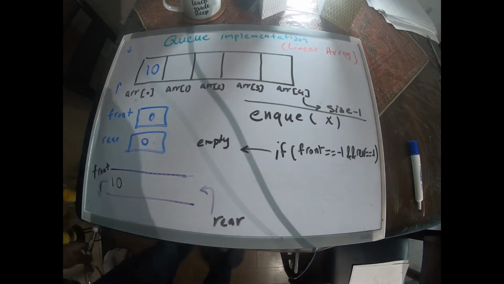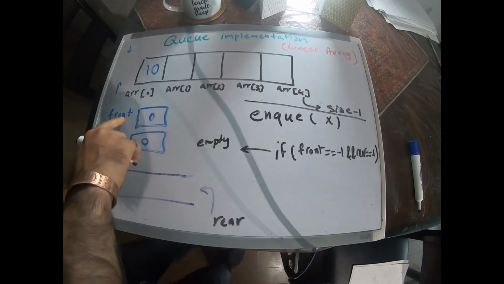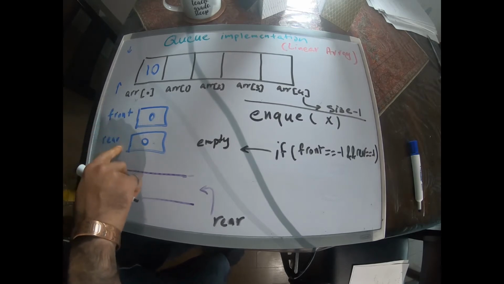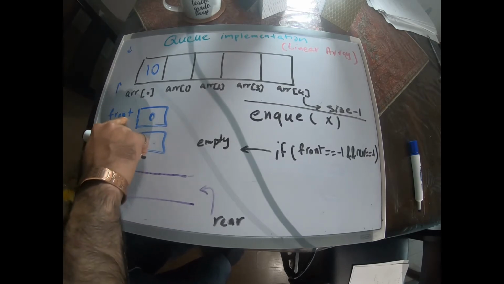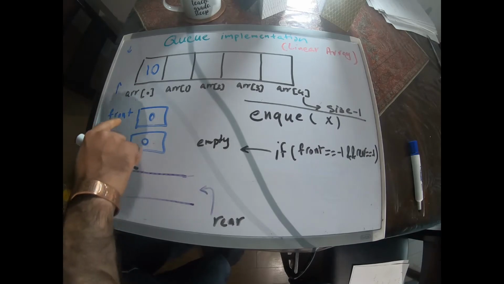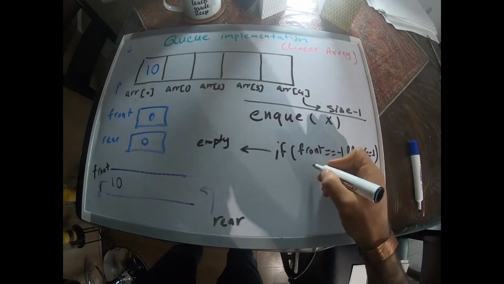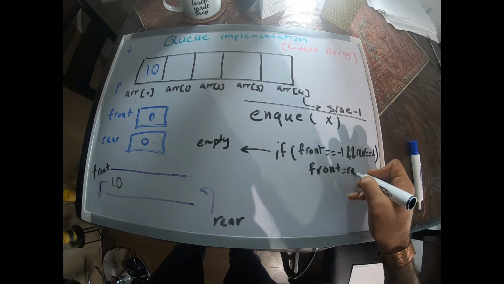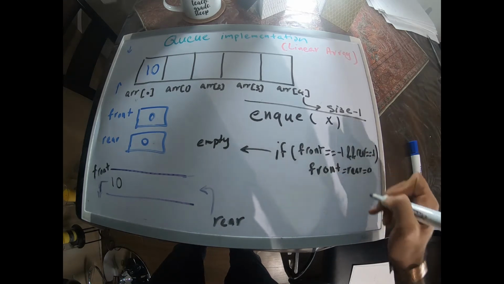So what we want to do, we want to change the value of both front and rear to 0. Front and rear both going to be equal to 0.